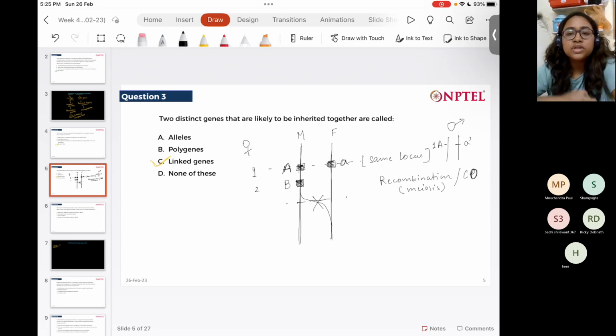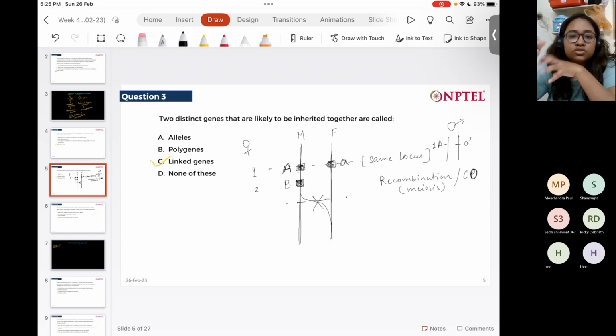The distribution of these homologous chromosomes follows the law of segregation from Mendelian inheritance, which says that the two homologous chromosomes have to separate during gamete formation. While separating, the alleles present at that locus also separate.